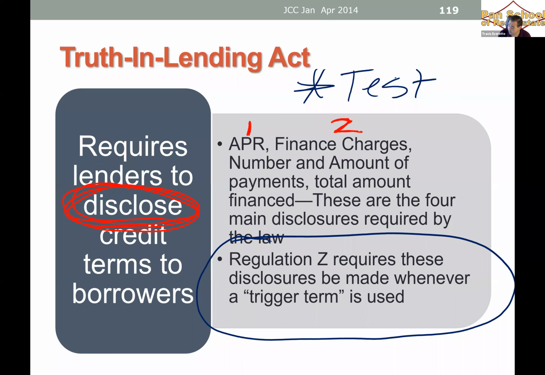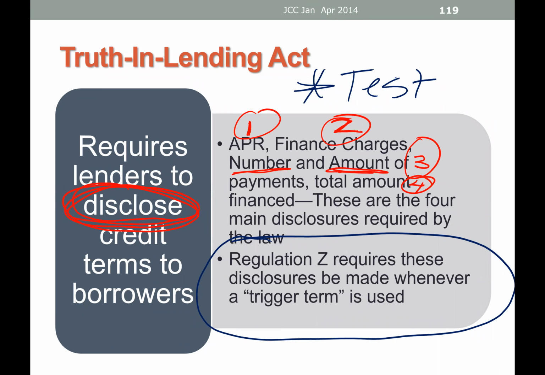Number three is the number and the amount of the monthly payments. And then number four is the total amount that the person is borrowing. Those are the four things that Regulation Z says every borrower should be told about their loan. Is everybody with me so far?